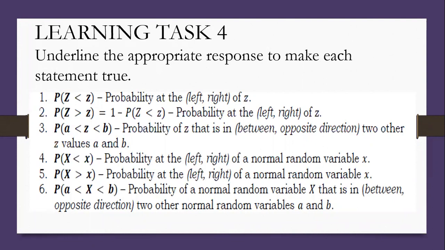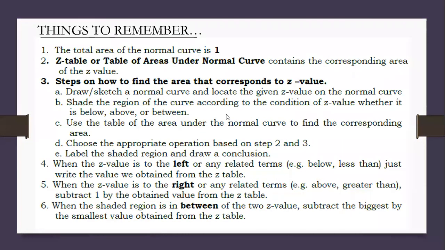So 3 tasks for this week and this is due until Saturday evening. Okay po? So these are the things to remember for this week's discussion. So the total area of the normal curve is 1. Z table or table of areas under the normal curve contains the corresponding area of the Z value. And these are the steps on how to find the area that corresponds to the Z value.